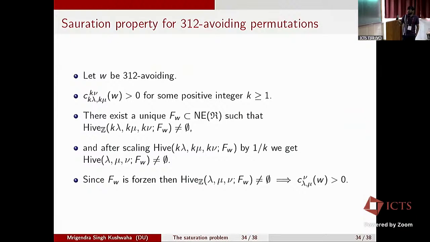Of course, we don't know about the interior, but this shows that this hive face is non-empty, and since FW is frozen, it has an integral solution. That's what we proved before: if it is frozen and non-empty, then it will have an integral solution. So C lambda mu nu W is positive. So saturation is true for 312 avoiding permutations.